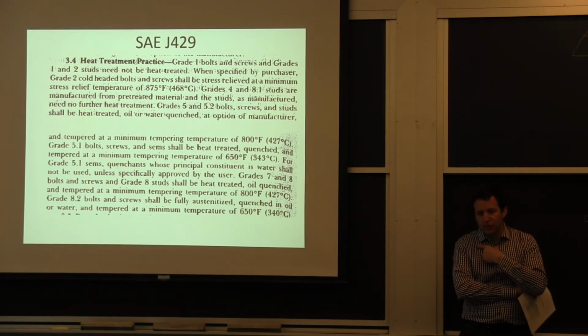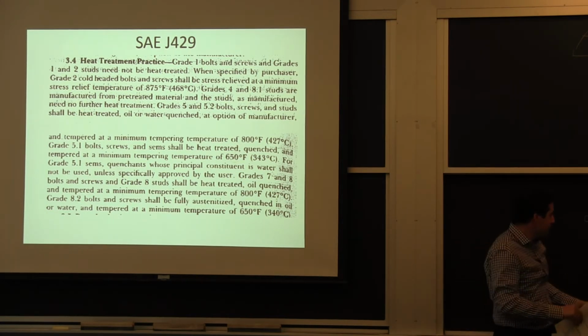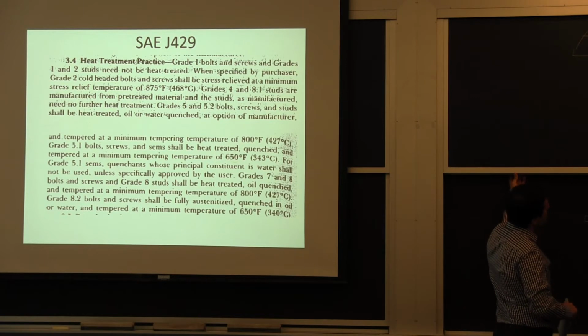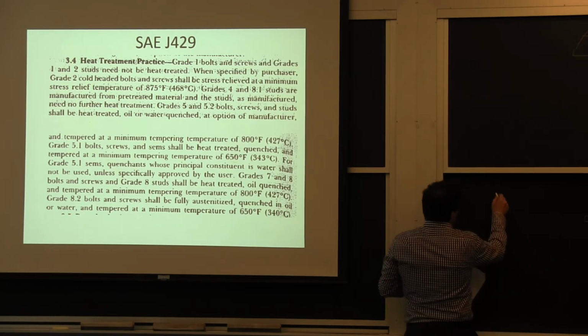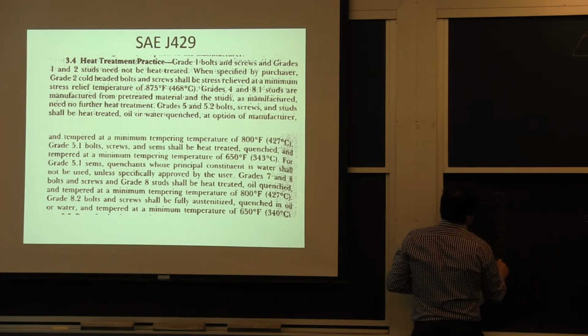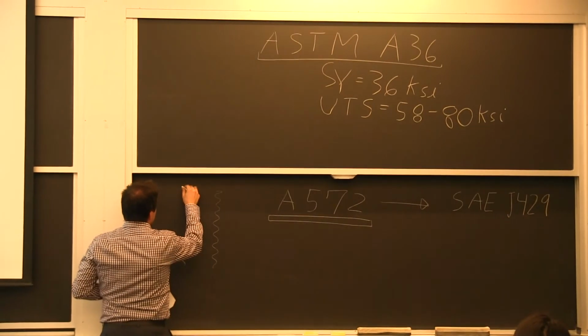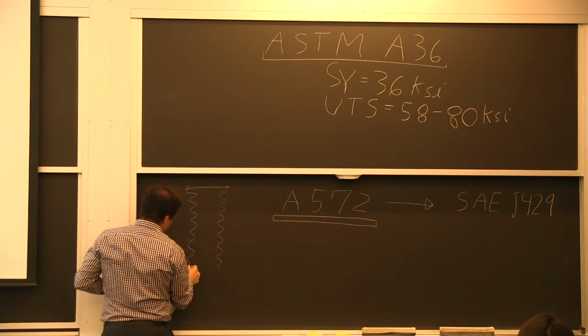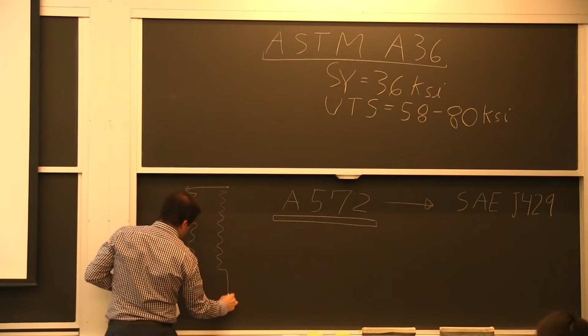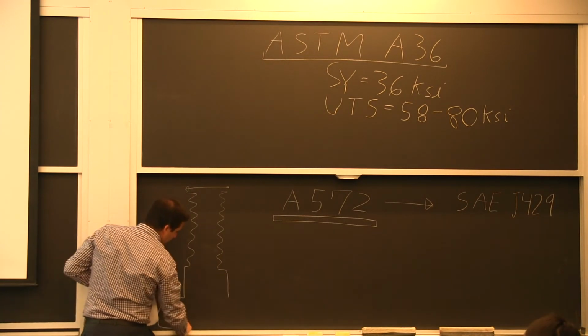Fasteners are prone to fatigue failures. You have all these threads, so a lot of times the way we do the analysis is, say, okay, you have the shank here, where it's not threaded, and then you have the bolt head. See?